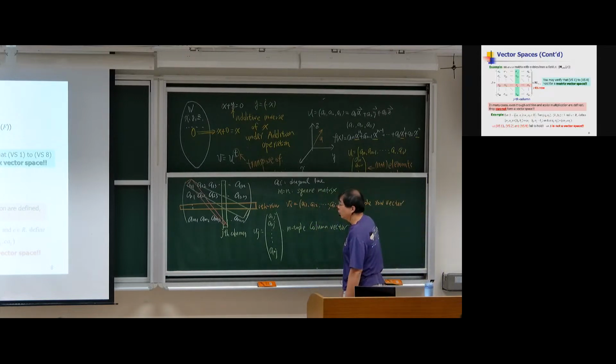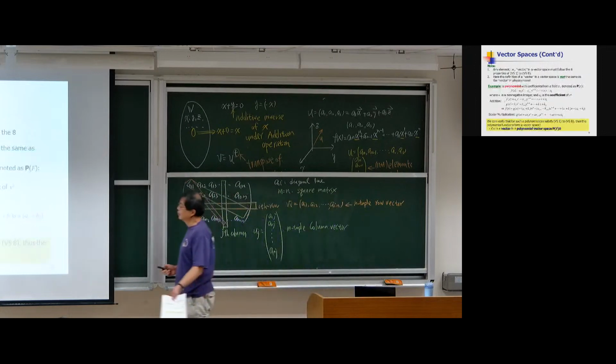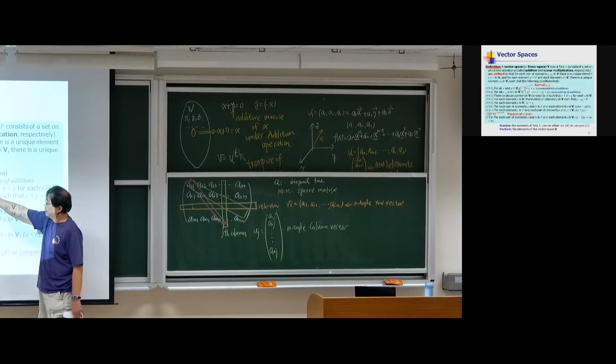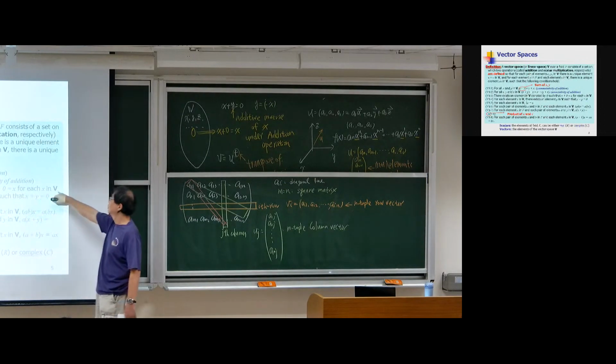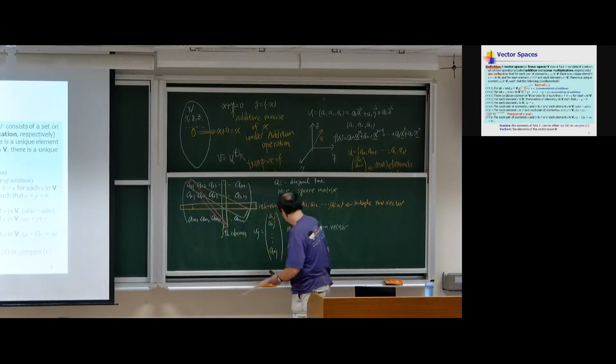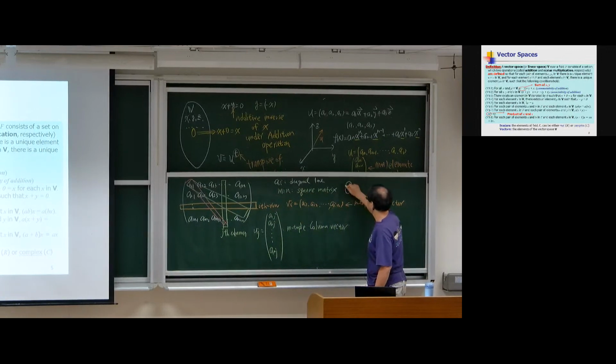And also, in the vector space, VS3, 0 is very important. So we denote the 0 vector in an m by n matrix, which is equal to 0.